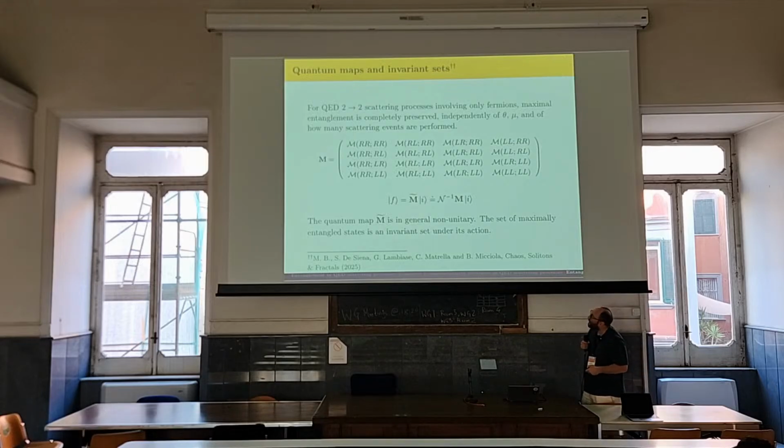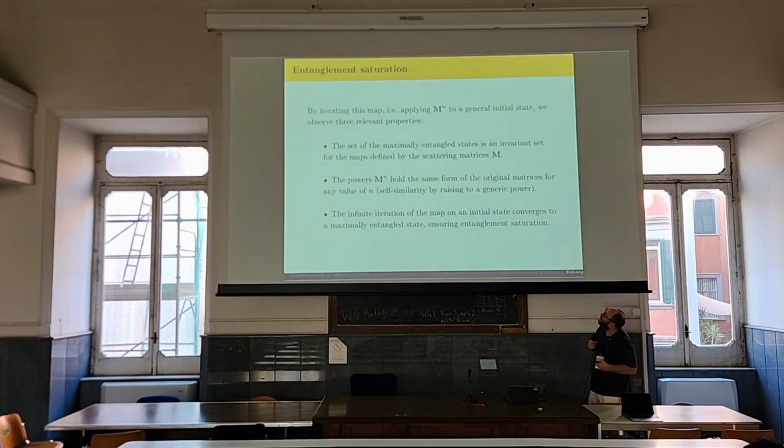And what we obtain is the following. Those states that are represented by a Bell state or a convex combination of Bell states, maximal concurrence states, form a maximal set that forms an invariant set for the map that simulates the scattering.